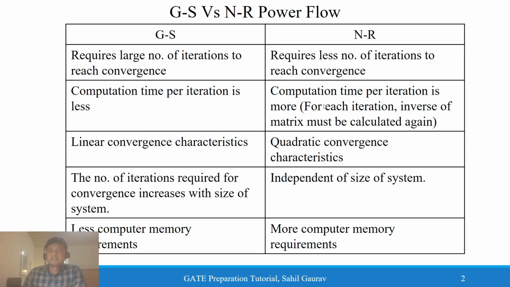Newton-Raphson does not depend on the size of the system. Whether the system is small or large, the convergence time requirement is approximately the same. And Gauss-Seidel is simple and requires less computer memory.